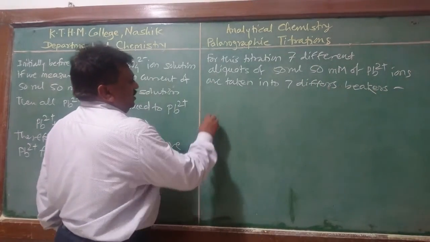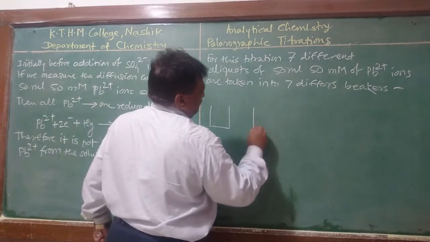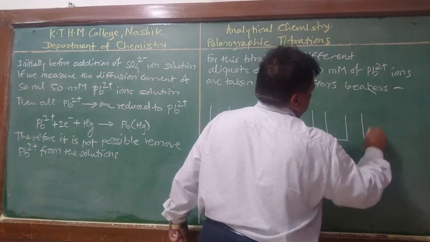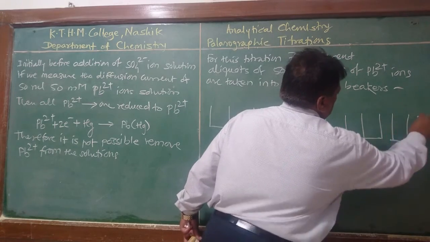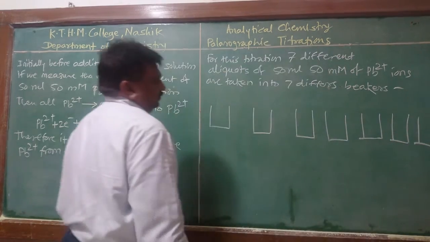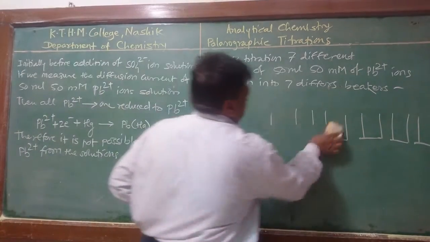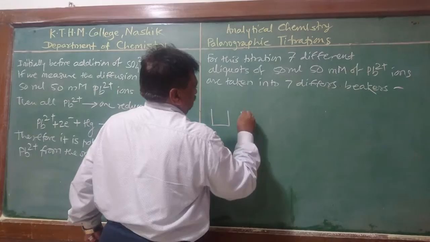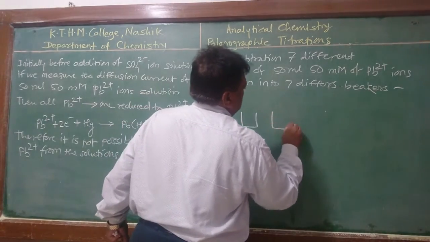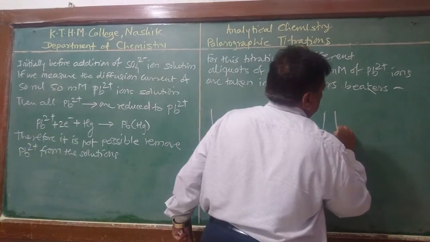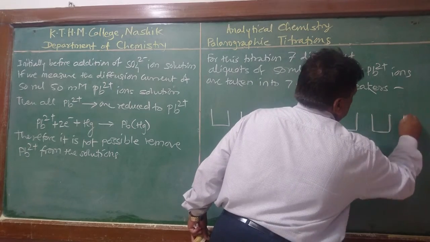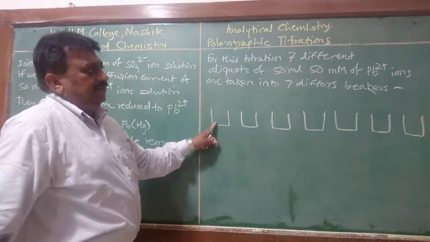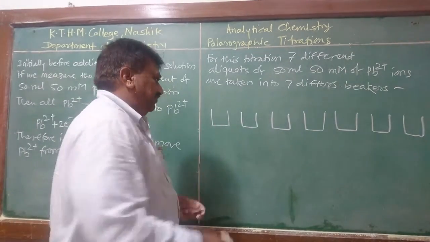That means 7 different beakers are arranged in a series, and all these beakers contain 50 ml, 50 millimole of lead.